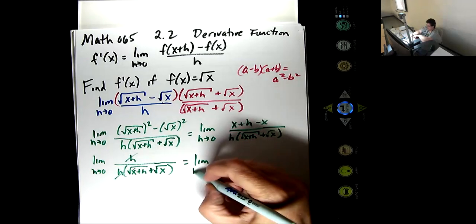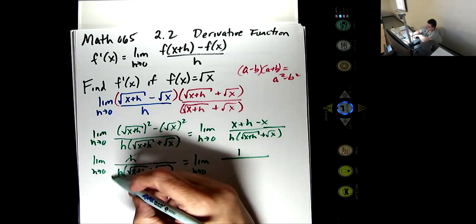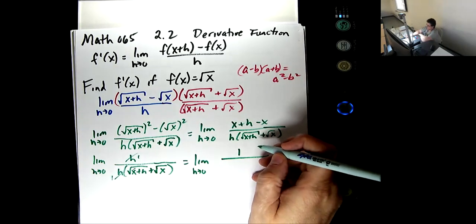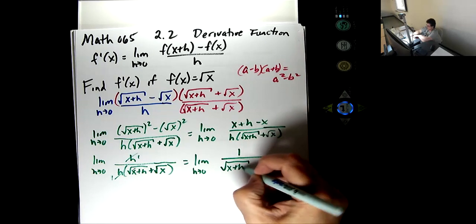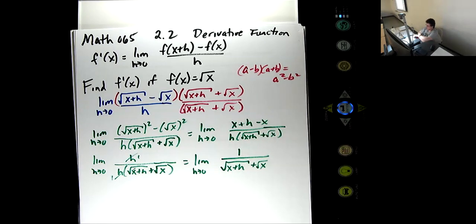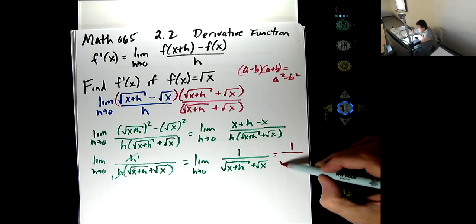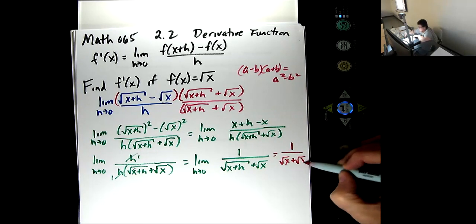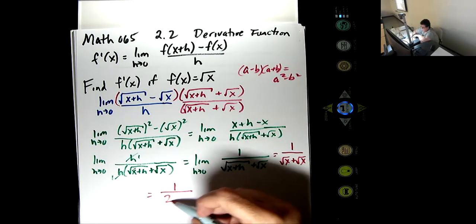And we have the limit as h goes to 0 of 1. Don't forget, when you cancel stuff on top and bottom and there's nothing left, you should have a 1. Over square root of x plus h plus square root of x. Now, when we evaluate this at 0, I have 1 over square root of x plus square root of x. And this is 1 over 2 square root of x.